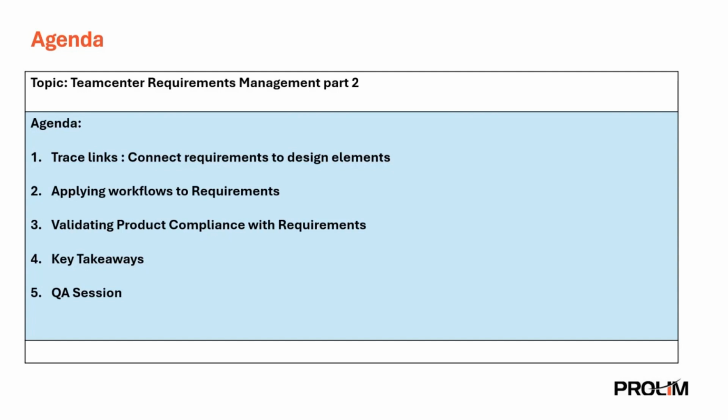We'll also see how to validate product compliance with the requirements, making sure what we build meets the original goals. By the end, you will have a clear understanding of how these features help in tracking, managing, and verifying requirements in Teamcenter. We'll wrap up with some key takeaways and then move to the QA session.